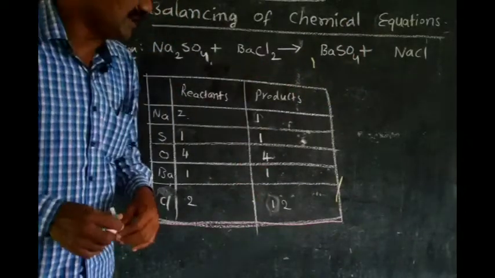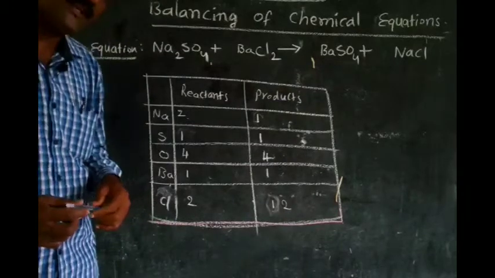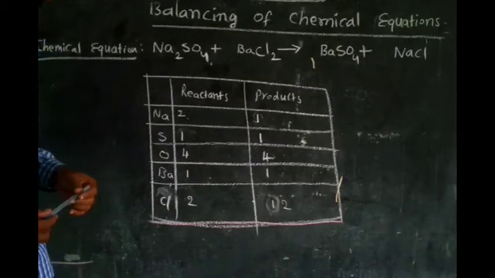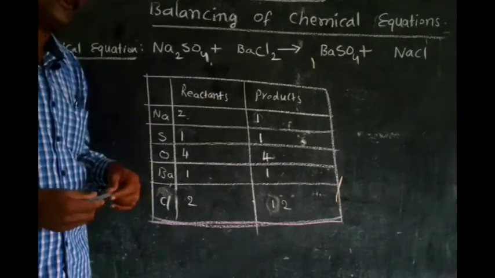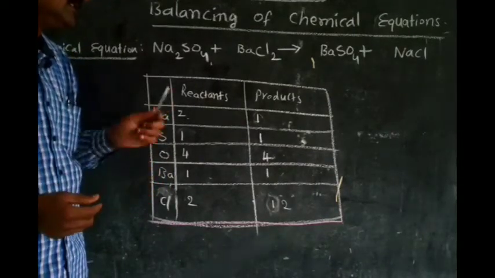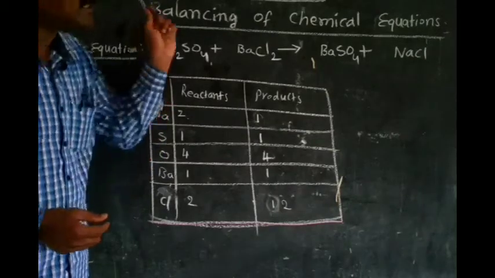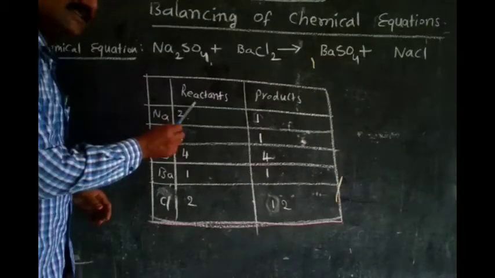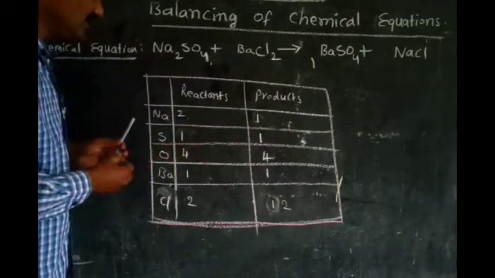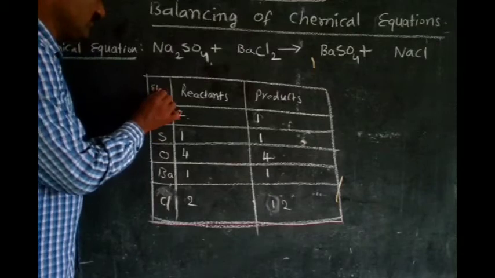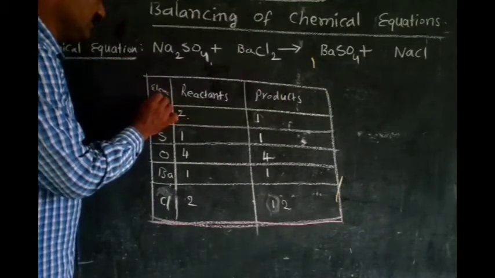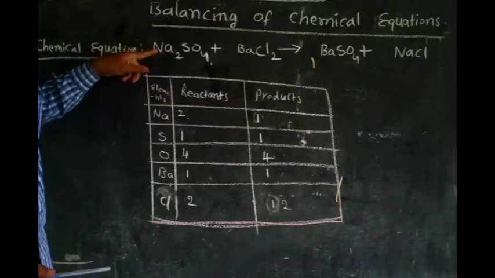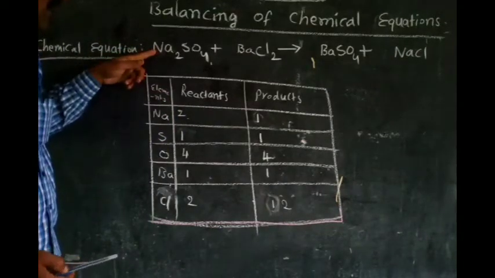Let us compare the number of atoms of each element in the reactants and in the products. We have to make a table to compare. First, let us compare the sodium element.